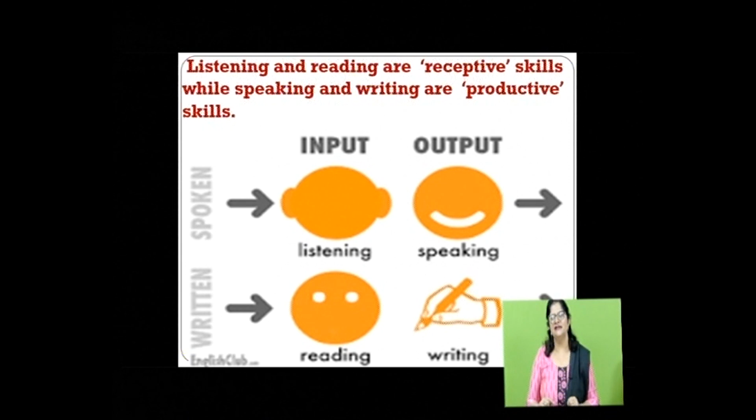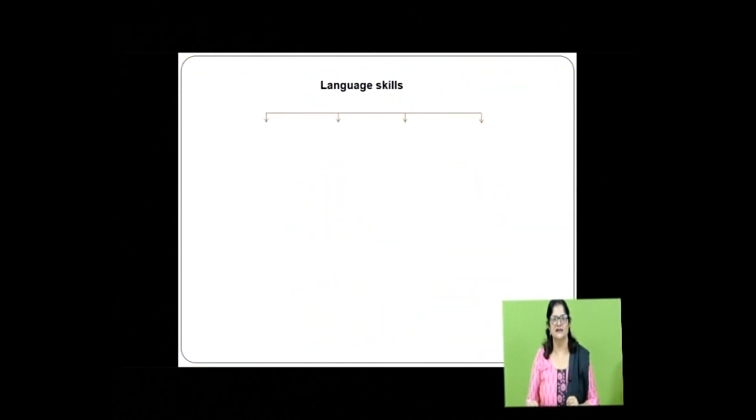And this reading, it helps in your listening and speaking also. So reading is very, very important because it improves your vocabulary and it leads to good speaking skill, good writing skill, and helps in listening skill also. So these are all interrelated.